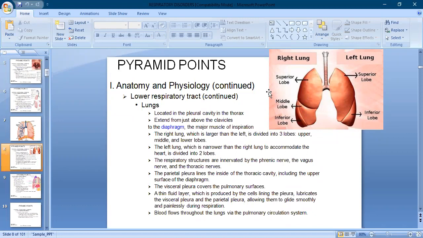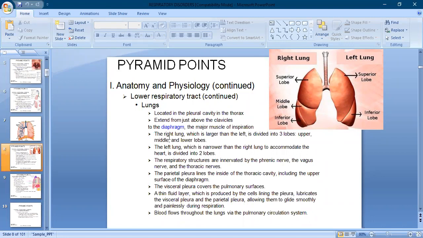So now go for the basic talk about the lungs. They said the lungs are located in the pleural cavity. Pleura is the lining of the lungs, extended from just above the clavicle. So one of the bones on the top here is called clavicle. In the clavicle or close to the clavicle, this is called the apex of the lungs, and this is called the base of the lungs, just upon the diaphragm.